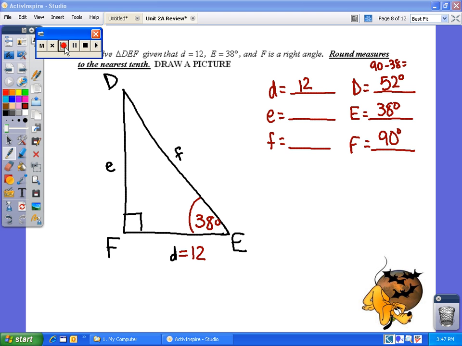Alright, so now I need to find E and I need to find F. So I can do SOHCAHTOA to find E and F.